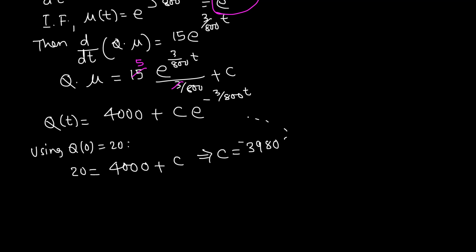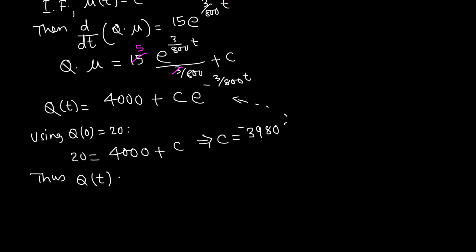So now put this back: the amount of pollution at any time t is given by 4000 minus 3980 times e raised to negative 3/800 t.